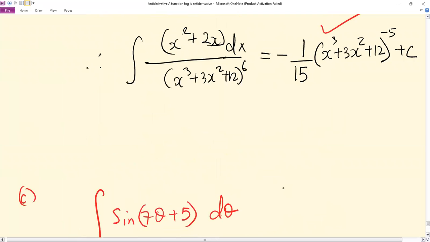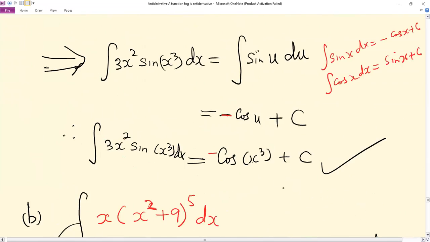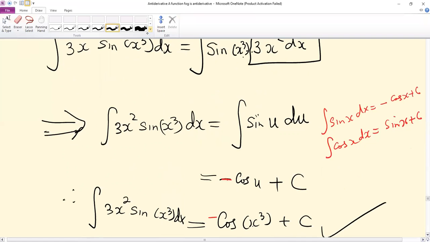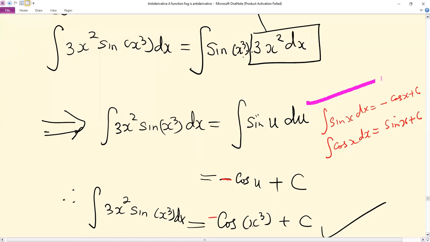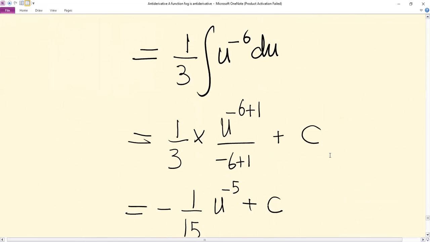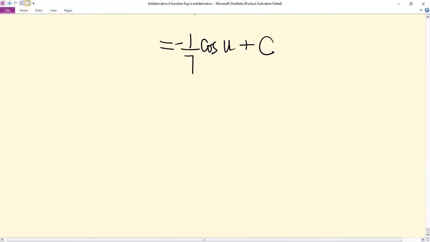Remember, we have explained here that integration of sine function is negative cos, and integration of cos function is positive sine. So that will give us minus 1 over 7 cos of u plus c.